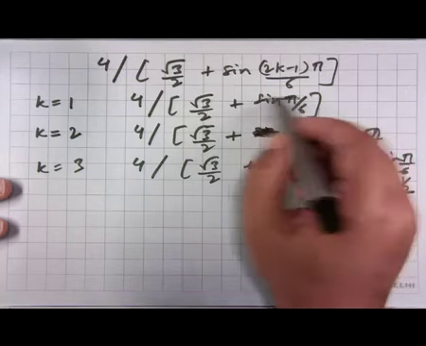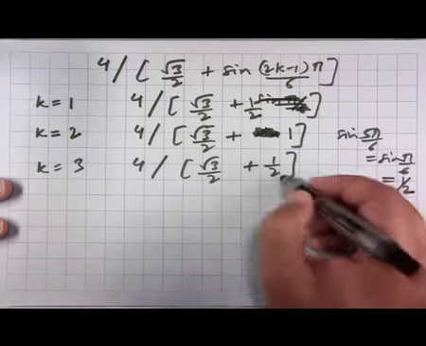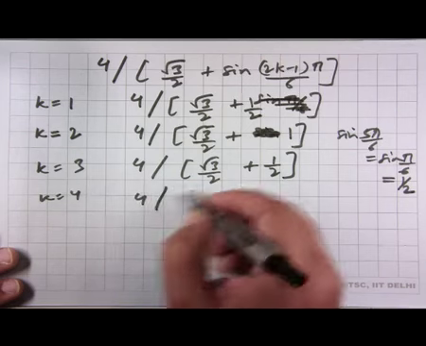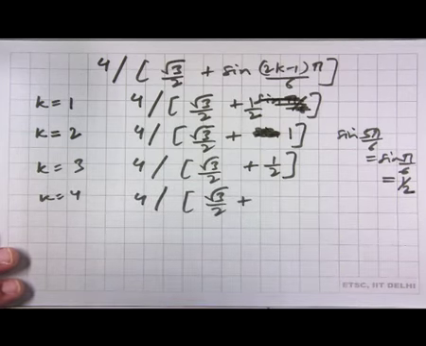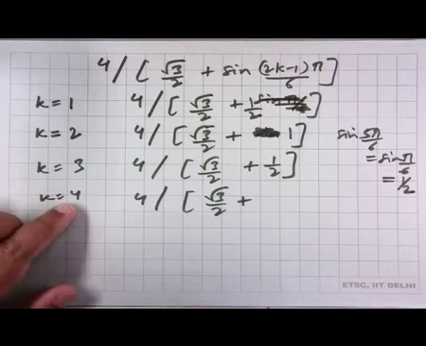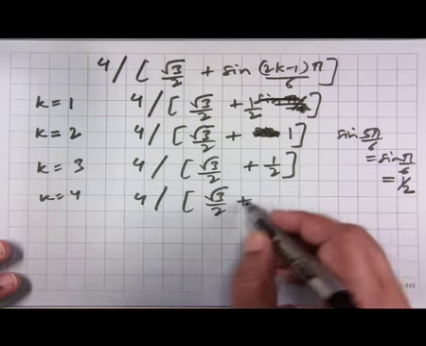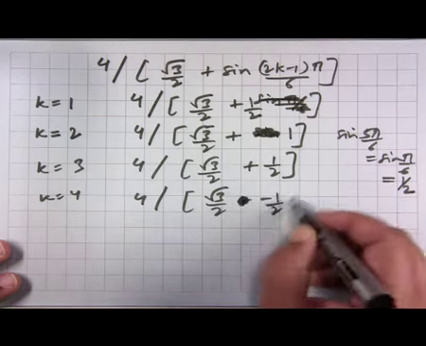So, if we want, we can even replace this by half here, and this is also half. And then for k equal to 4, we get 4 over square root of 3 over 2 plus sine of 7 pi by 6, and sine of 7 pi by 6 is equal to minus half. So, we will write minus half here.